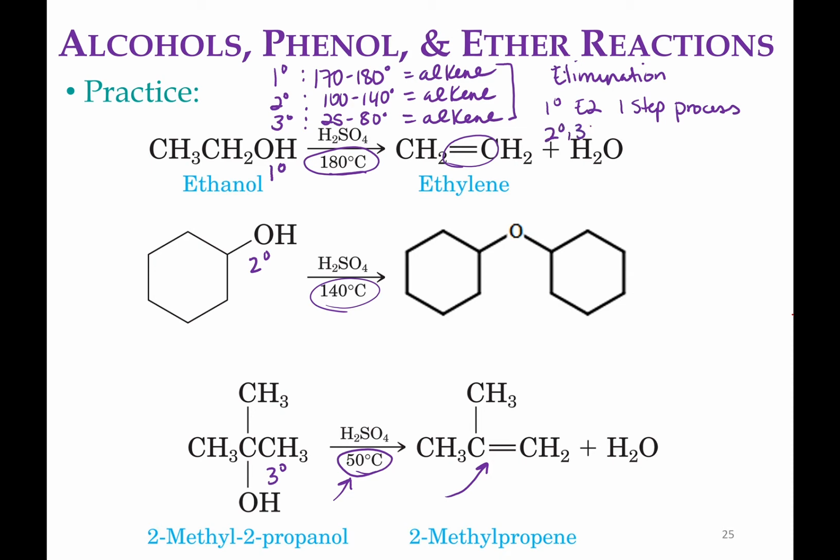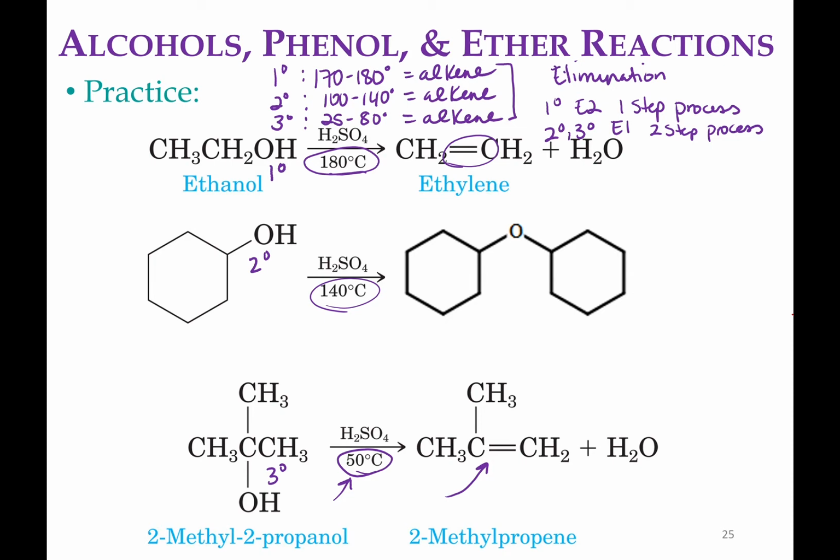Secondary and tertiary alcohols are going to undergo what's known as an E1, which is a two-step elimination process. Because it happens in two steps, they're going to form that unstable intermediate, but the tertiary carbocation is much more stable than the secondary or primary carbocation, so it doesn't require as much heat. So that's where these temperatures are going to be giving us that different product.